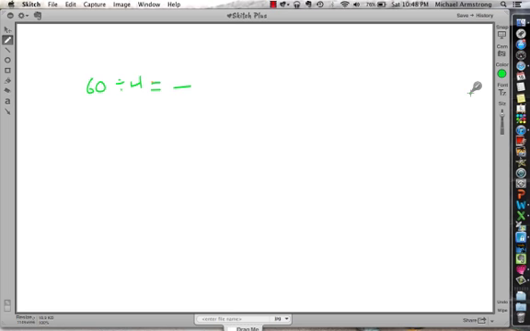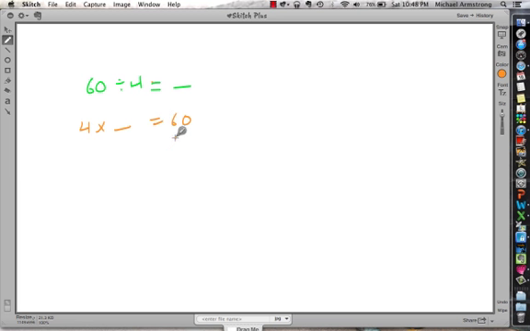Now a lot of you guys could figure that out in your head. It's not important right now because we're trying to learn how to do the inverse operation, which is 4 times blank equals 60. And the question is, how do we change this multiplication problem into the distributive property?